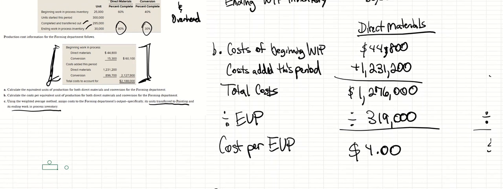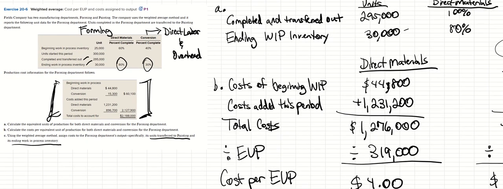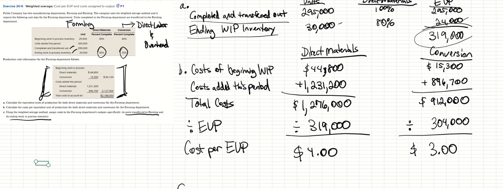So we're just concerned with the units that are completed and transferred out from forming to painting, and then the ending WIP account. That's what we're focused on, just those two.